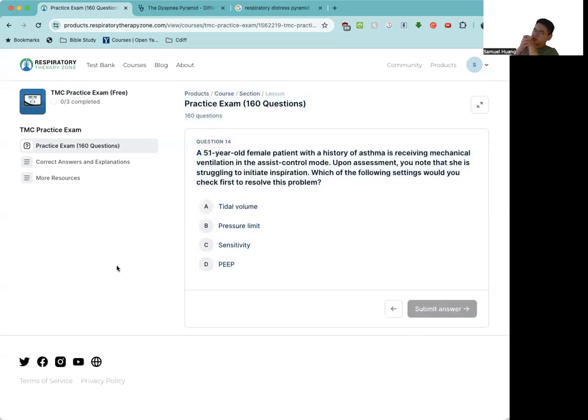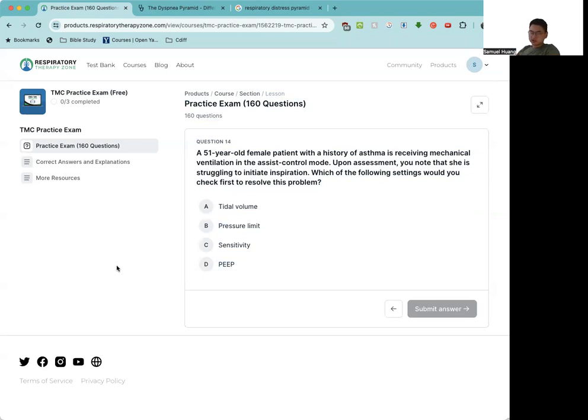So now mechanical ventilation, assist control mode. They're not telling you if it's volume or pressure. She is struggling to initiate inspiration. Usually if you're in assist control mode, that means it's similar to CMV, though they're not actually always the same.